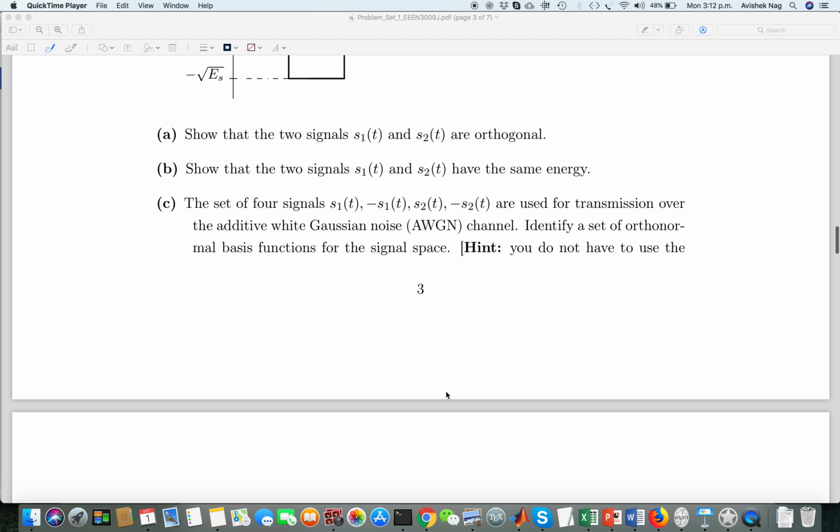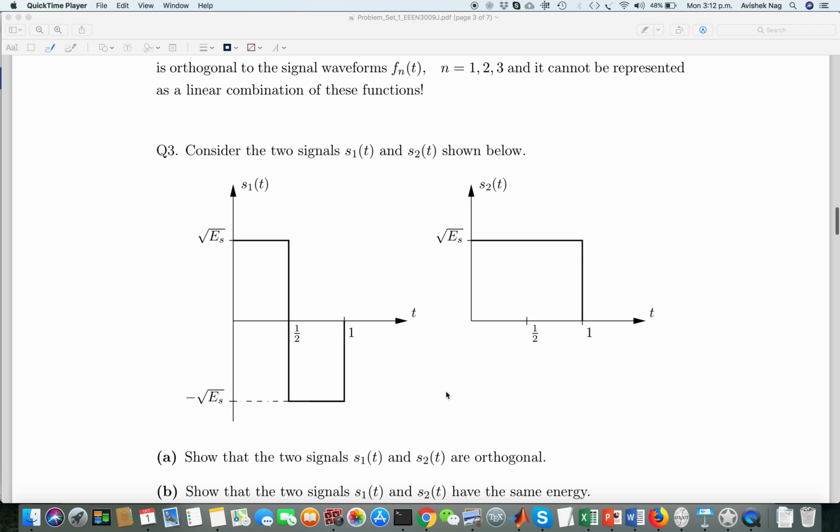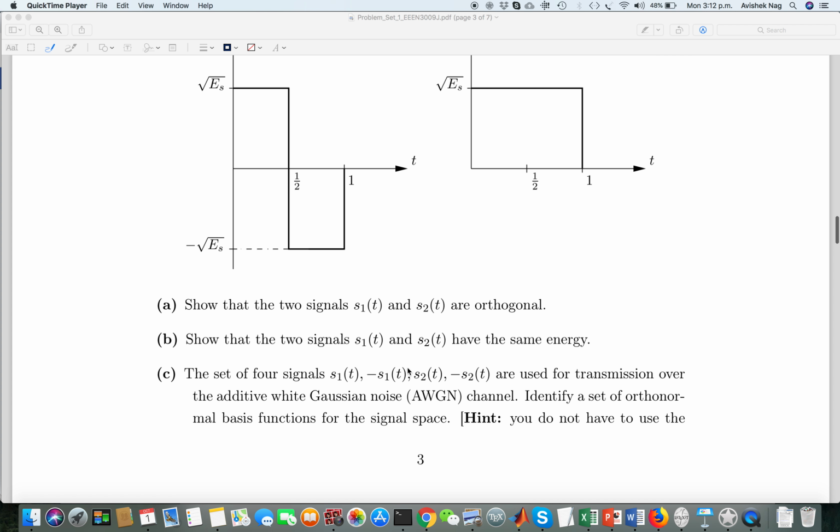Then part C says that, let's say we have a set of 4 signals, S1t, minus of S1t, S2t and minus of S2t, and let's say they are used for transmission over an AWGN channel. Identify a set of orthonormal basis functions for the signal space.